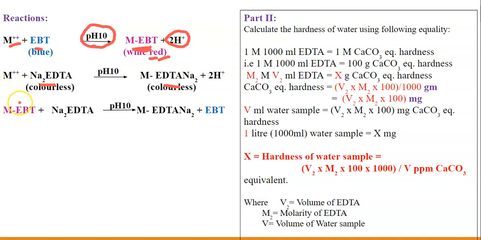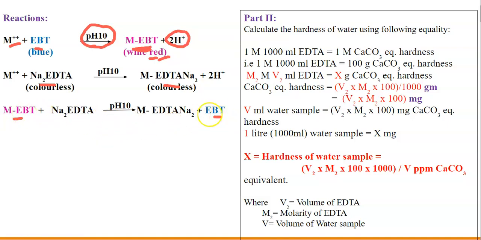So this is the overall reaction: we have a wine red solution in a conical flask. In that we add Na2EDTA drop by drop under pH 10, meaning when the pH is maintained at 10, this is also called the ammoniacal solution, until the wine red color changes to blue.